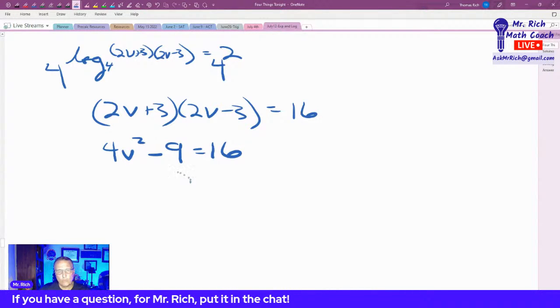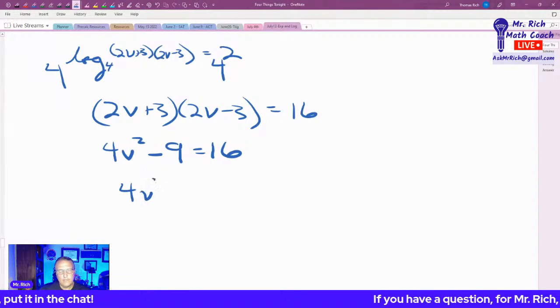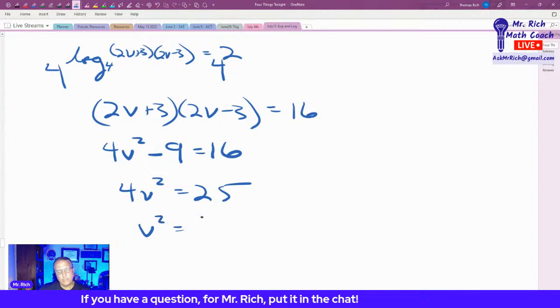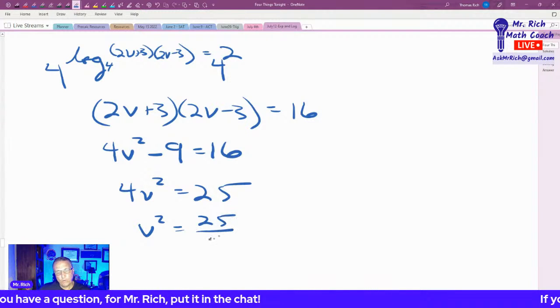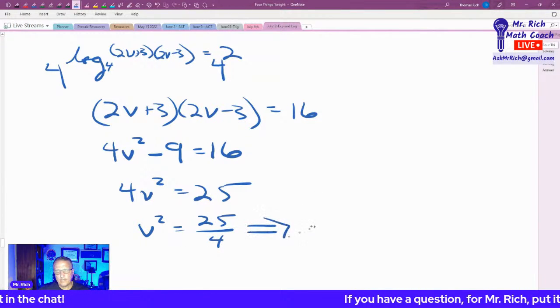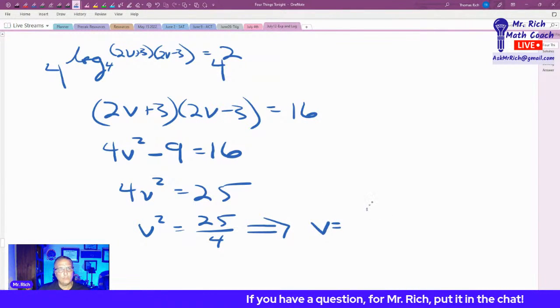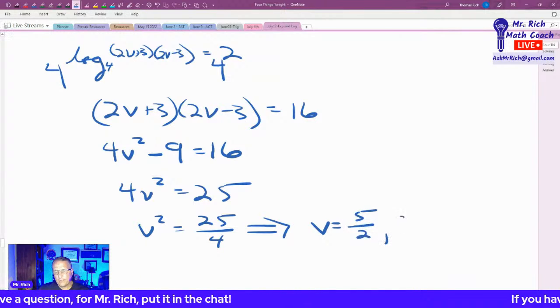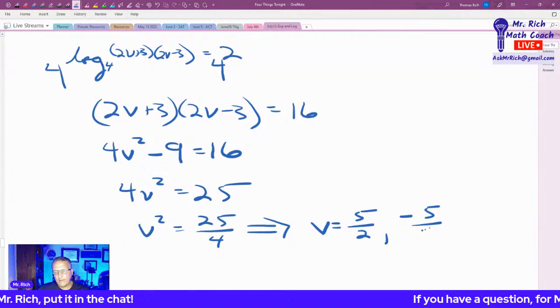I don't have a v term in this quadratic, so I can add 9 to both sides and get 4v squared is equal to 25. Then v squared is equal to 25 fourths, and square rooting both sides, I get v is equal to positive 5 halves and negative 5 halves.